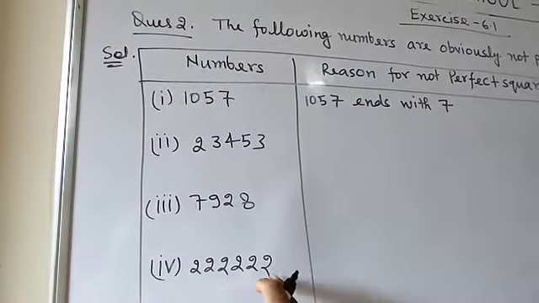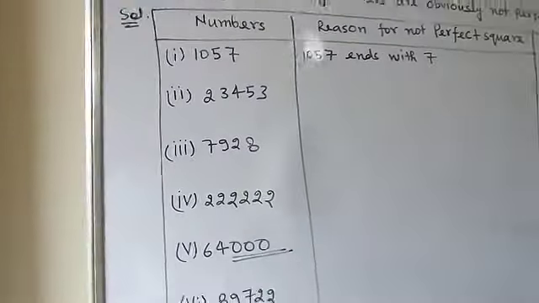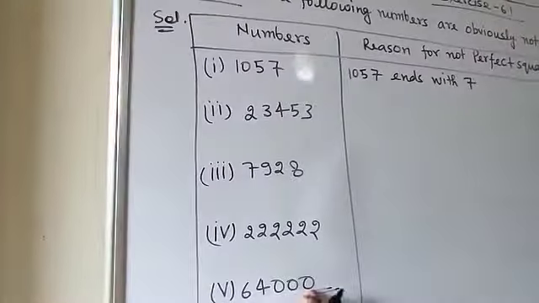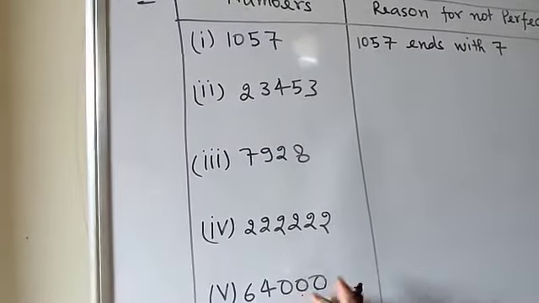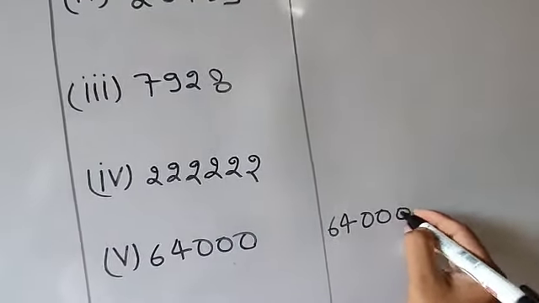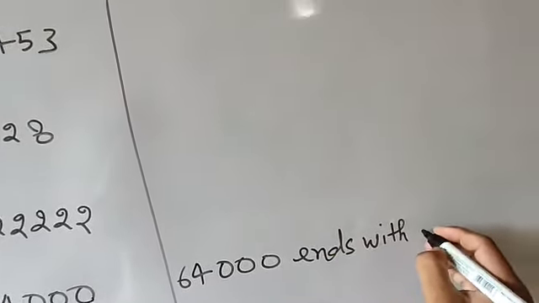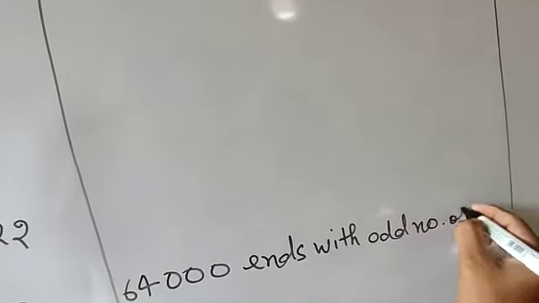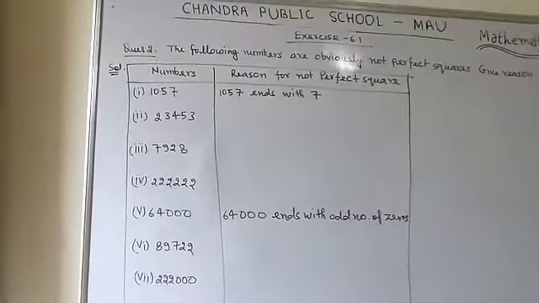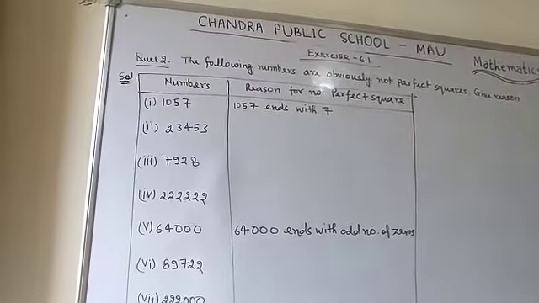Its unit digit is 2, it ends with 2, so that is not a perfect square. Here 3 zeros are there, so I had given one more property: a number ending with an odd number of zeros. How many zeros are there at the end? 1, 2, 3. So 3, it means an odd number of zeros. So you can write 64000 ends with an odd number of zeros. Odd number of zeros means if 1 zero is there, 3 zeros, or 5 zeros are there, those numbers will not be perfect square numbers.